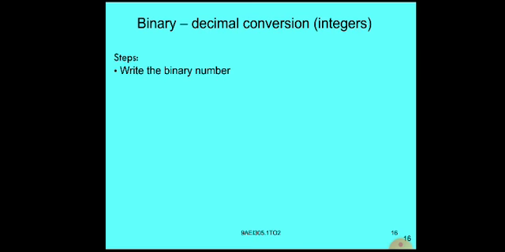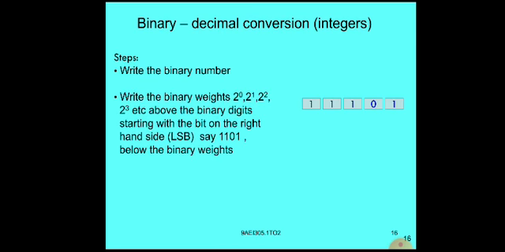Okay, let us take first the binary to decimal conversion. The steps we have to follow: write the binary number and write the binary number weights above the binary digits, starting with the bit on the right hand side, that is the LSB, least significant bit.